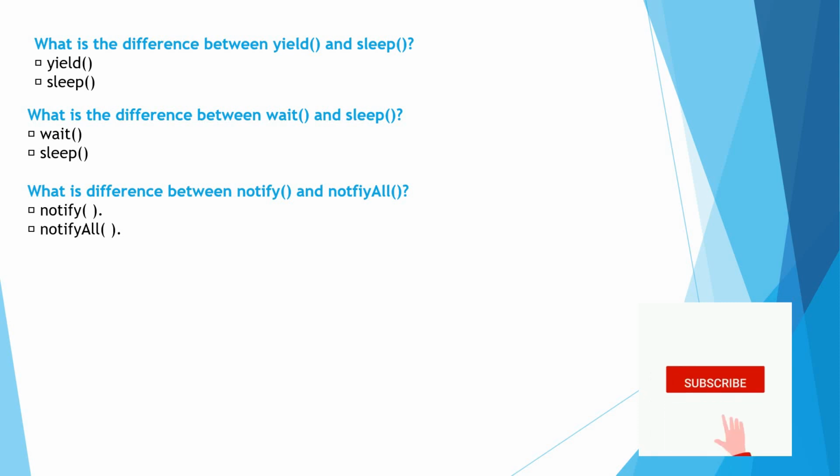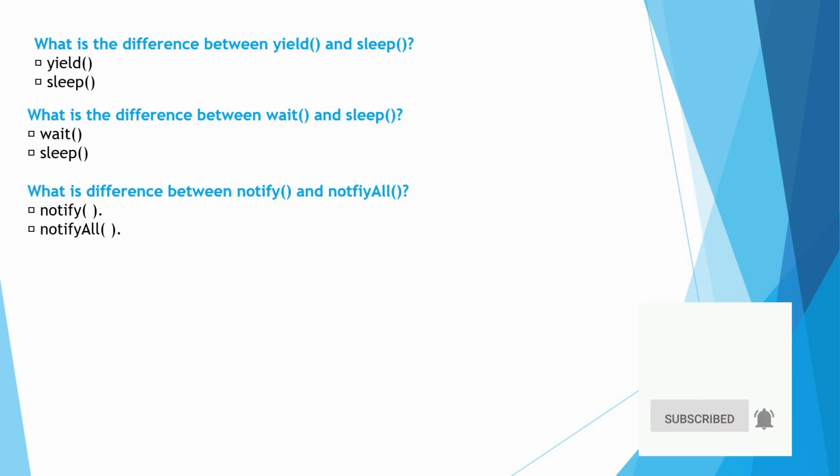Yield allows the current thread to release its lock on the object, and the scheduler gives the lock of the object to another thread with the same priority, whereas sleep allows the thread to go to sleep state for X milliseconds. When a thread goes into sleep state, it doesn't release the lock.